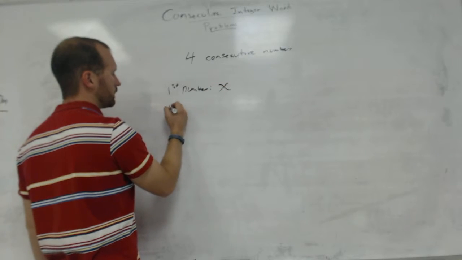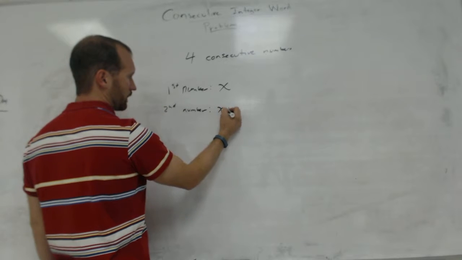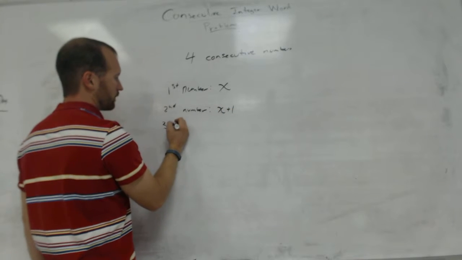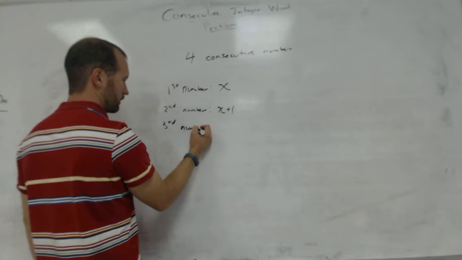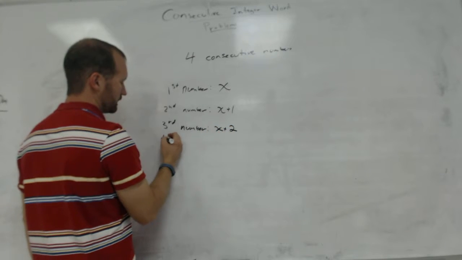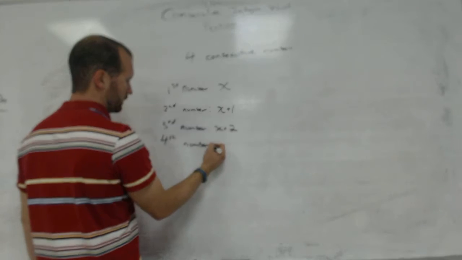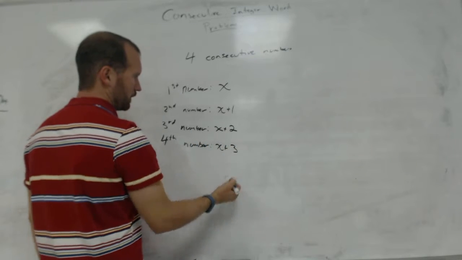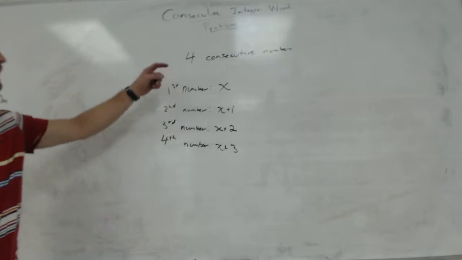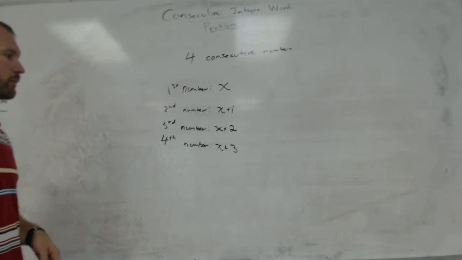What's my second number? X plus 1. Then the third is x plus 2. Then the fourth is x plus 3. Make sure you're writing this down in your notes, guys. So 4 consecutive numbers would be x, x plus 1, x plus 2, x plus 3.